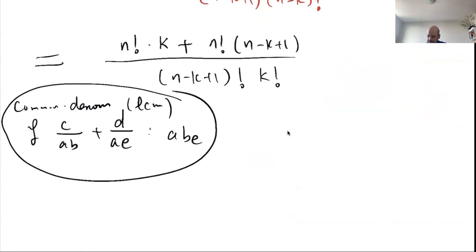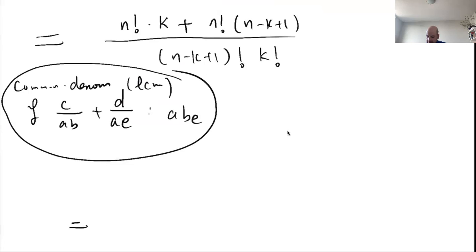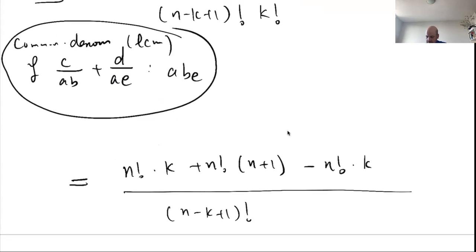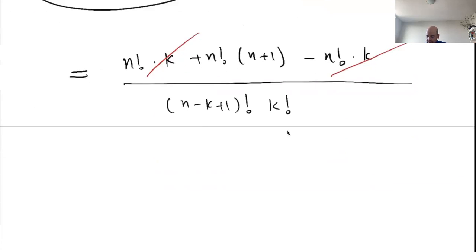And now if I simplify this, what do I get? I get n factorial times k plus n factorial times (n plus 1) minus n factorial times k, divided by (n minus k plus 1) factorial times k factorial. Now n factorial times k cancels with n factorial times k, and n factorial times (n plus 1) is (n plus 1) factorial.